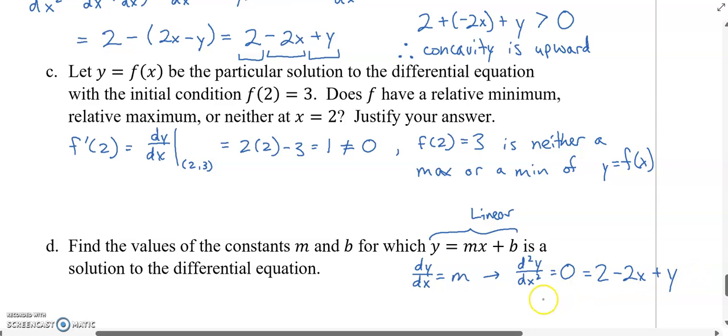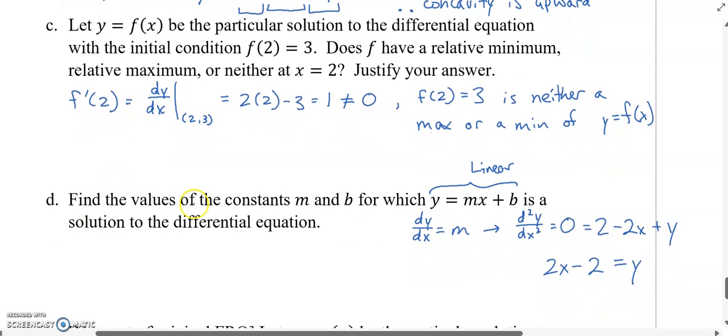So we can just solve for y, because that's what it says right here, y equals mx plus b. So we'll subtract the 2 to the other side, we'll add the 2x to the other side, and we'll get 2x minus 2 is equal to y. Therefore, it looks like m has to equal 2, and b must equal negative 2.